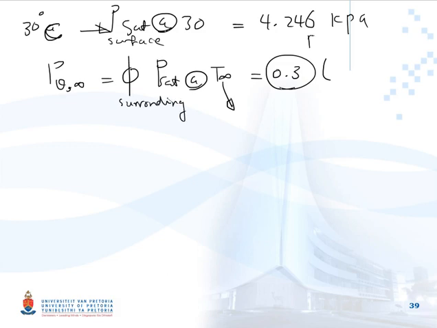From the table, P sat at 25 degrees is 3.169 kilopascal. So this one is equal to 0.9507 kilopascal.